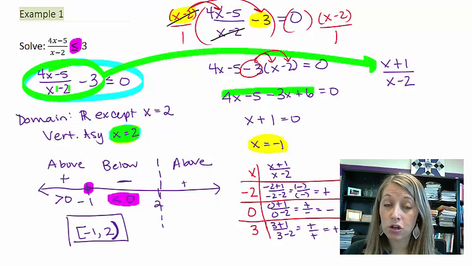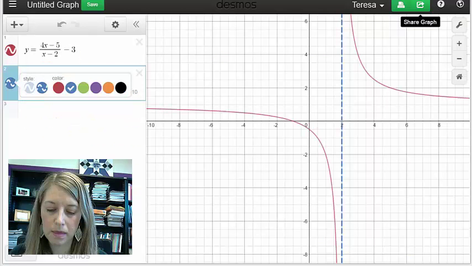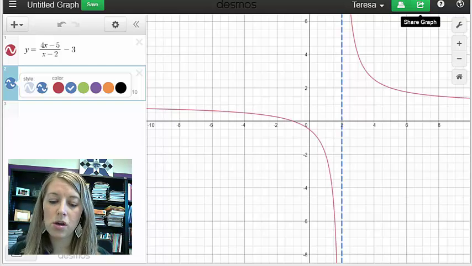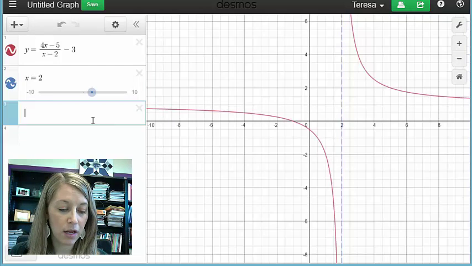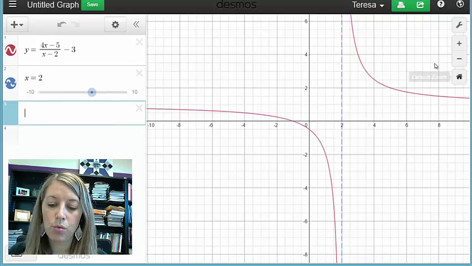And let's take a second to graph this and double check, see if that makes sense. Okay, so I have my graph up here. I also included my vertical asymptote here. So we can see that vertical asymptote on the graph, and we should see that that's never going to be an answer. And for this particular graph, we are looking for where it is less than 0, meaning below my x-axis.